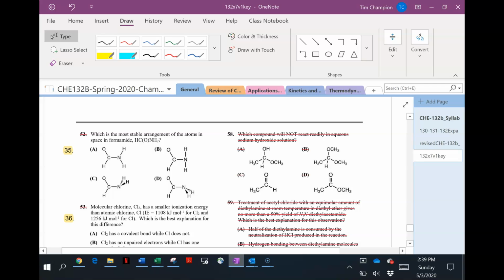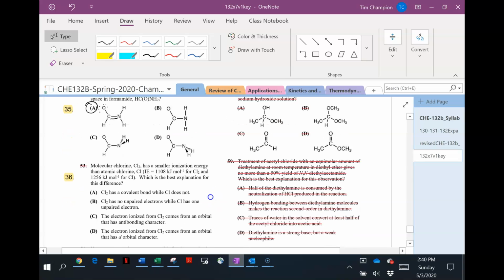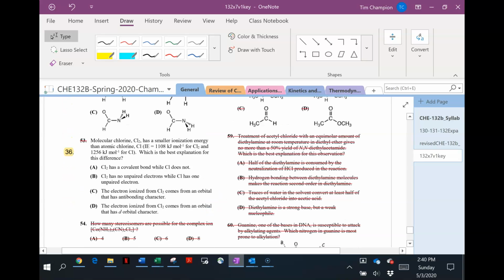Well, it turns out that when you fill in the electrons here in formaldehyde, the shape is such that A is your best shape, where you've got a double bond, I guess, between the carbon and the nitrogen. The lone pairs out here, I think, are the structure they're suggesting. So they gave you the skeleton structure and asked you to figure that out.